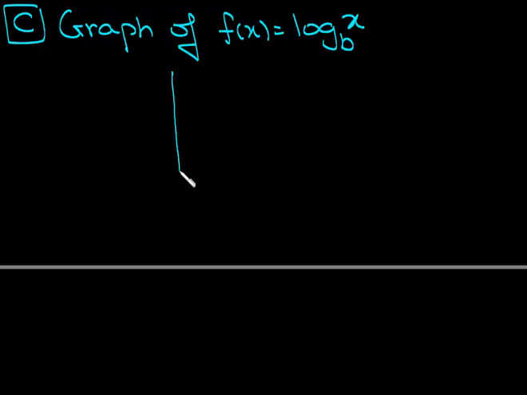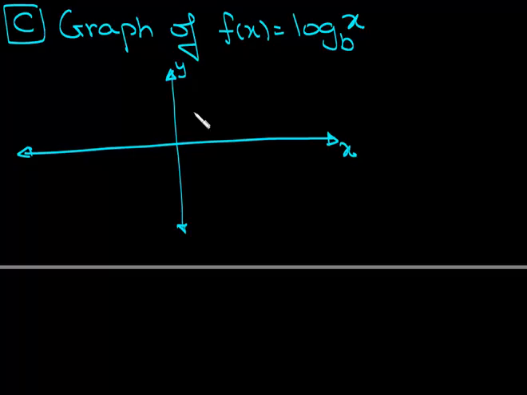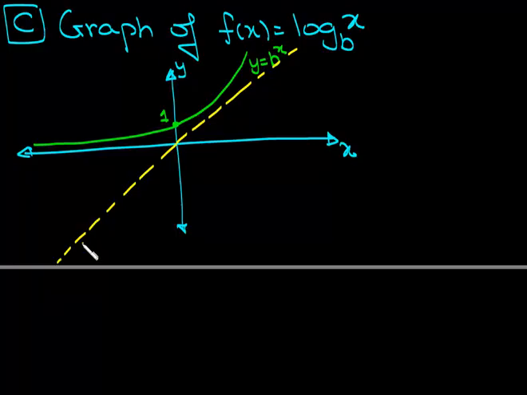So let's do that. I'll draw the graph of the exponential function in green. Here's the graph of y is equal to b to the x. It goes through the point 1. To graph the log function, we draw a diagonal line, the line y is equal to x, and then we fold the green graph about that line.